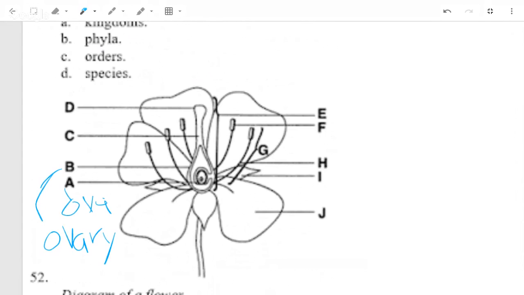You got the big structure, that's the whole female structure. C is going to be the style. Oh man, I cannot write on this thing today. Let's see if you guys are saying the answers yet. Oh, Michael, you want to be a nurse? That's cool.